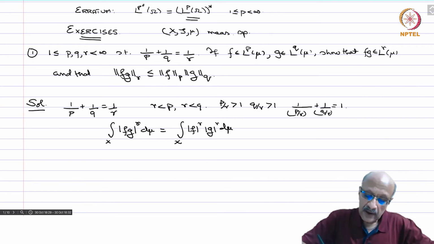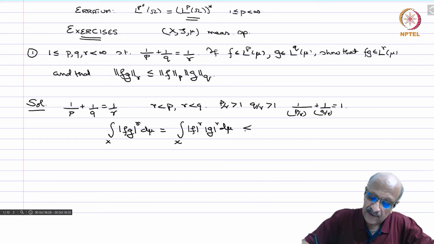Now f is p-integrable, so |f|^r is p/r integrable, and similarly |g|^r is q/r integrable, so we can apply Hölder's inequality.